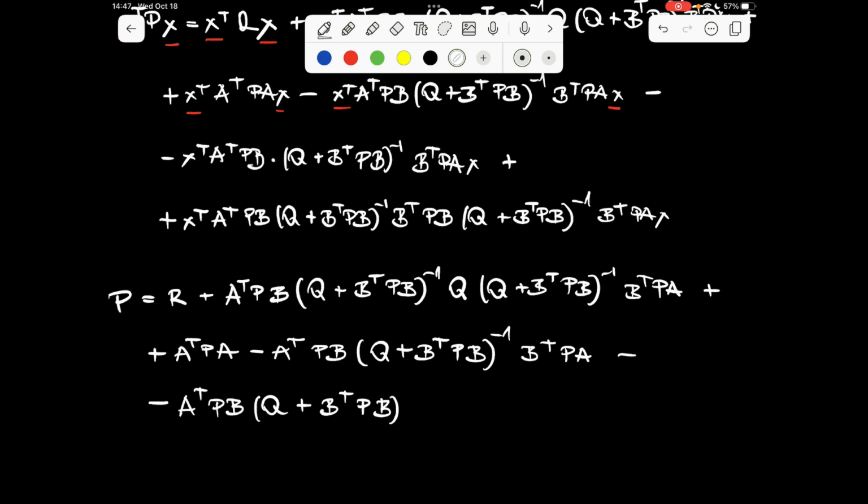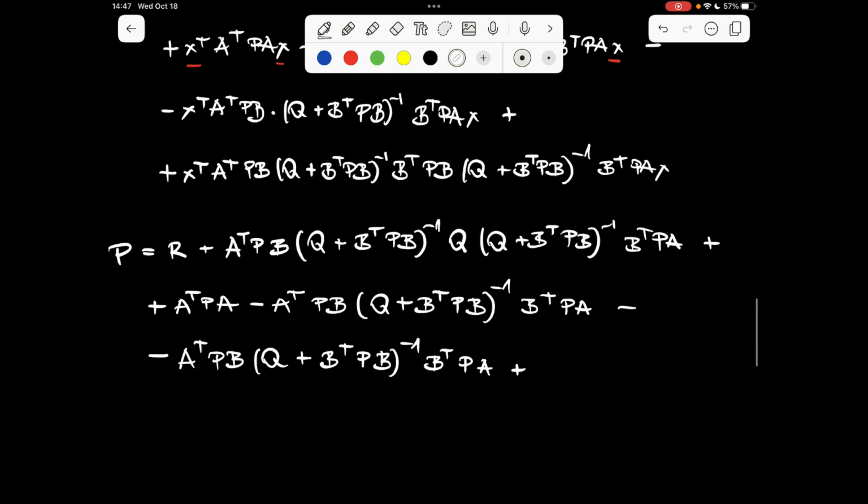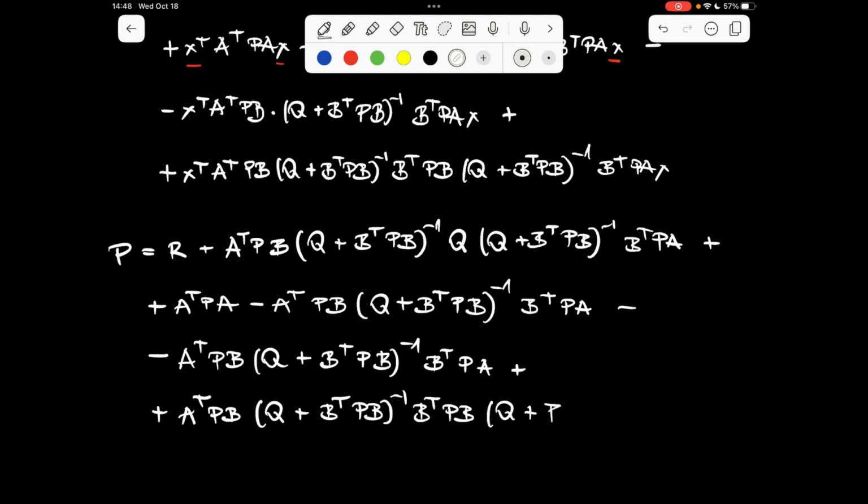Some parts can be squeezed into a single expression. And the last line, it's very long, as I promised.